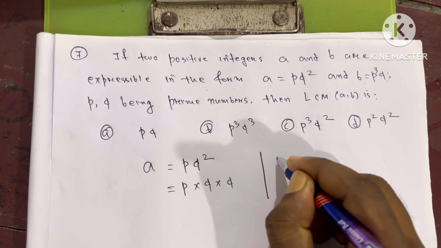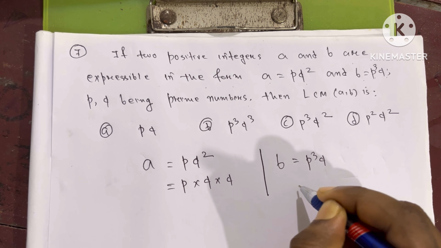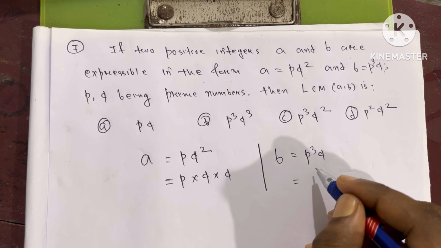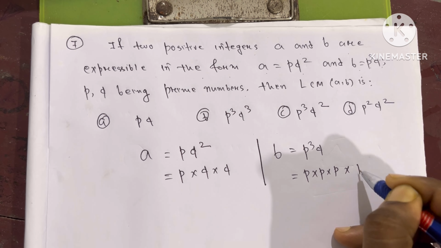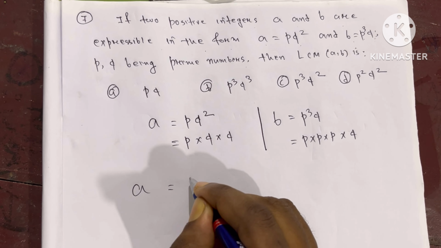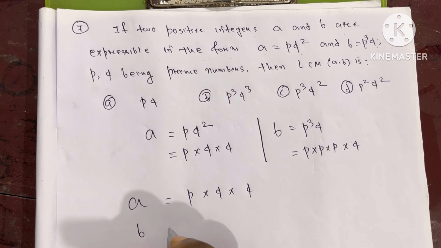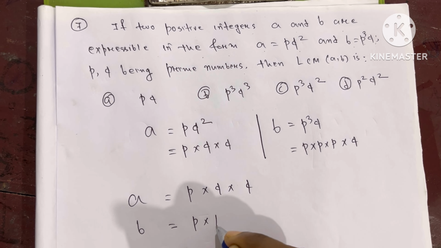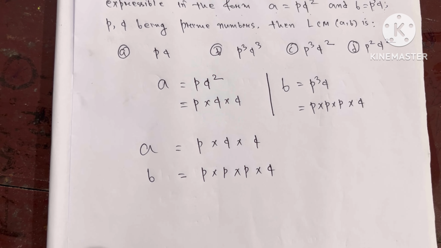Similarly B is equal to PQQ, but you can express it as B is equal to P into P into Q. So A is equal to P into Q into Q, and B is equal to P into P into Q.